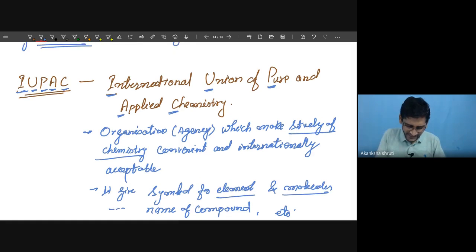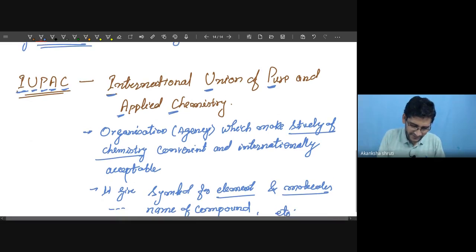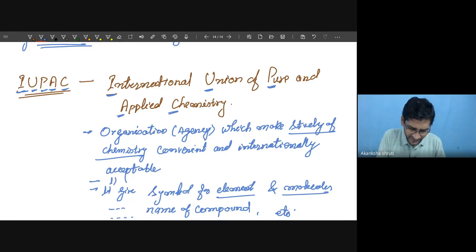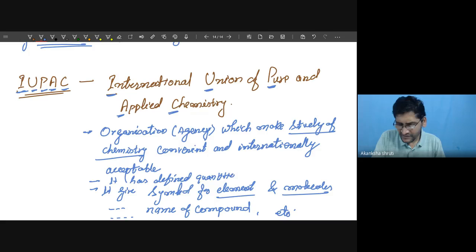It is not only this much. It has also given AMU, atomic mass unit. So it has defined many quantities in chemistry, or in science rather, like AMU.